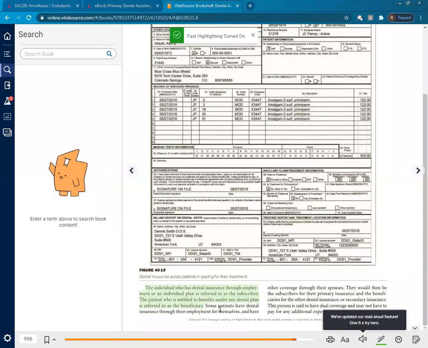So for example, like it says here, some patients have dental insurance through their employment for themselves and have other coverage through their spouse. This is important here. They would then be the subscribers for their primary insurance and the beneficiaries for the other dental insurance, or secondary. This person is said to have dual coverage and may not have to pay for additional expenses.